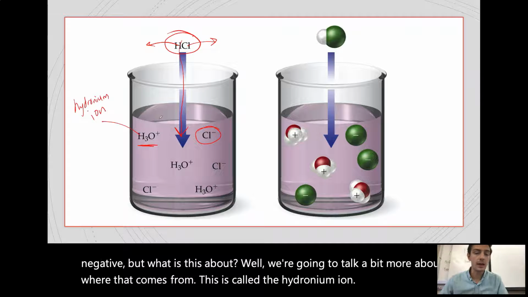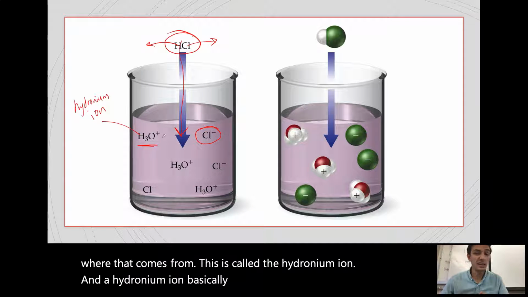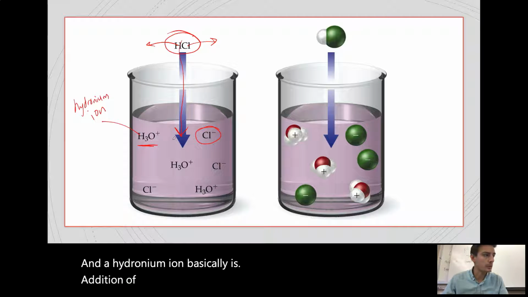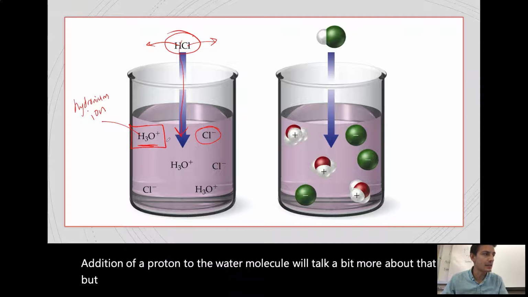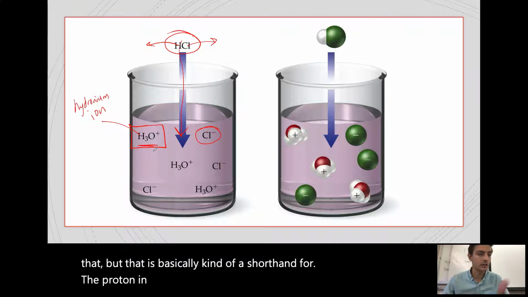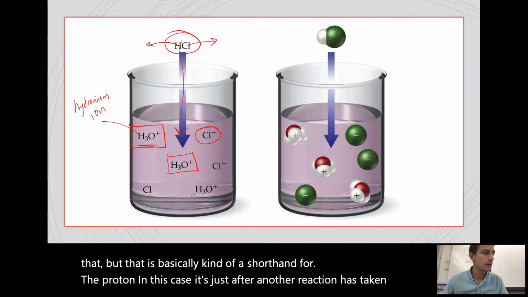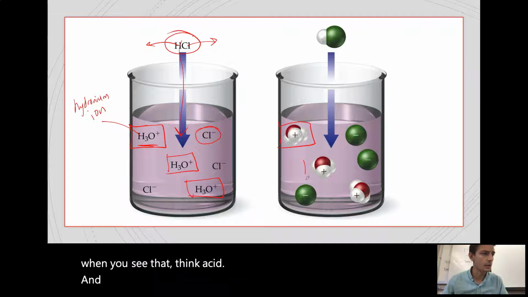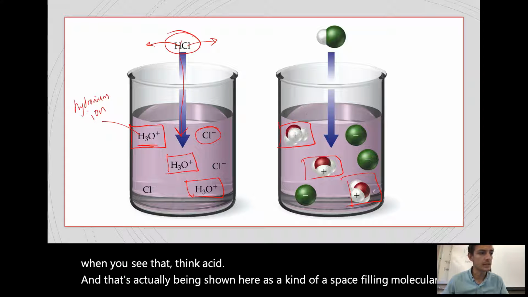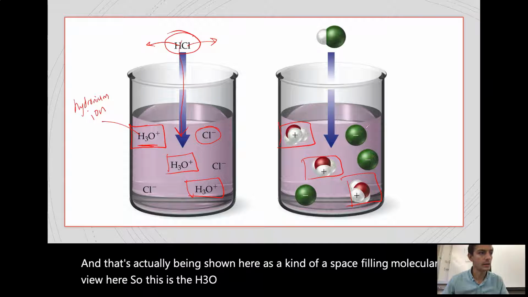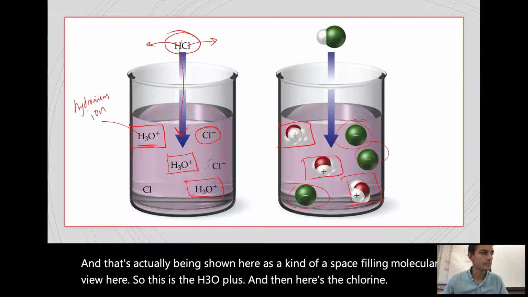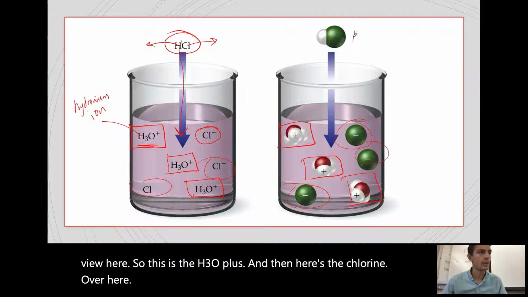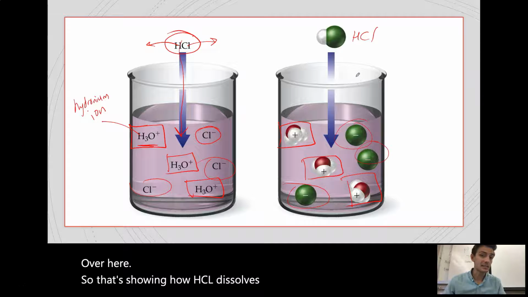And a hydronium ion basically is the addition of a proton to the water molecule. We'll talk a bit more about that. But that is basically kind of a shorthand for the proton in this case. It's just after another reaction has taken place. So when you see that, think acid. And that's actually being shown here as a kind of a space-filling molecular view here. So this is the H3O+, and then here's the chlorine over here. So that's showing how HCl dissolves into water and how acids dissolve in water.